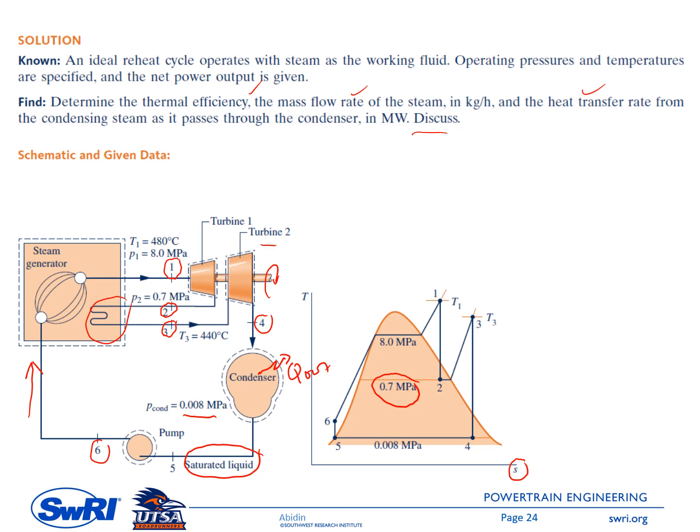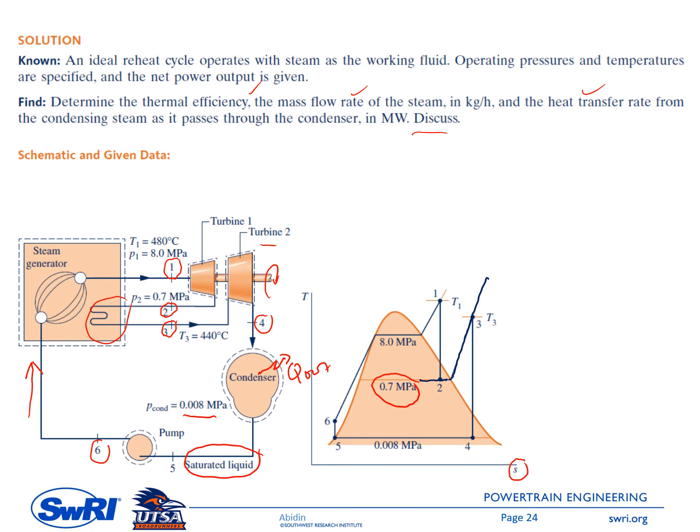Okay, and then from point 2 it is reheated by the reheater going to point 3, and from point 2 to point 3 the process occurs at the same pressure. So you can see there, let me use a different color. This is the constant pressure line, so P2 equals P3.